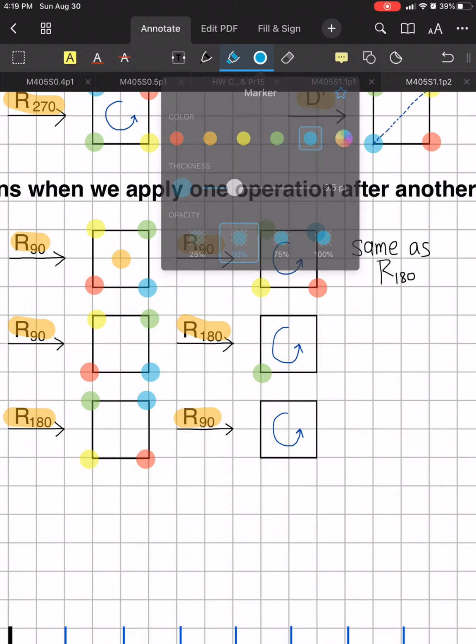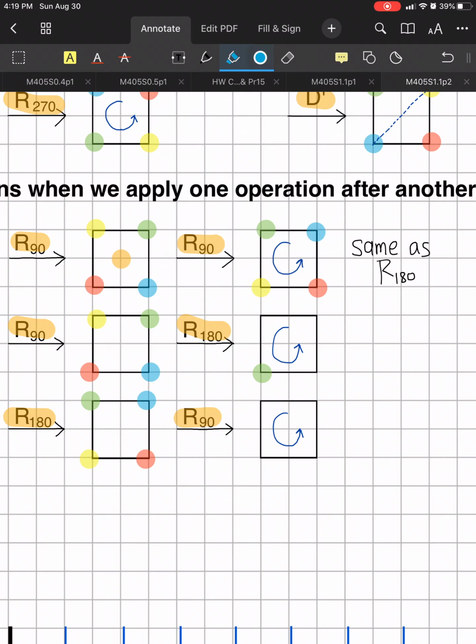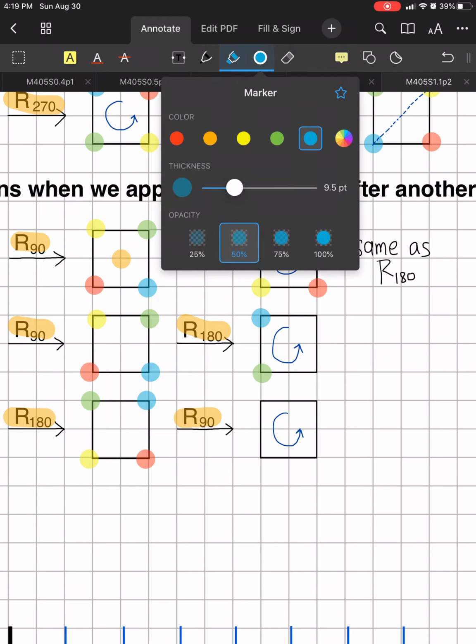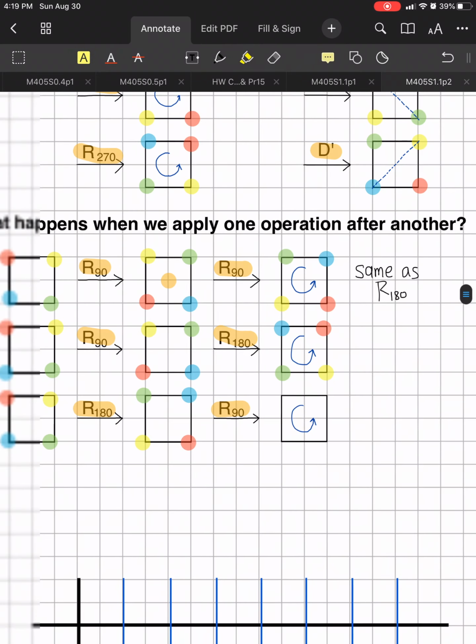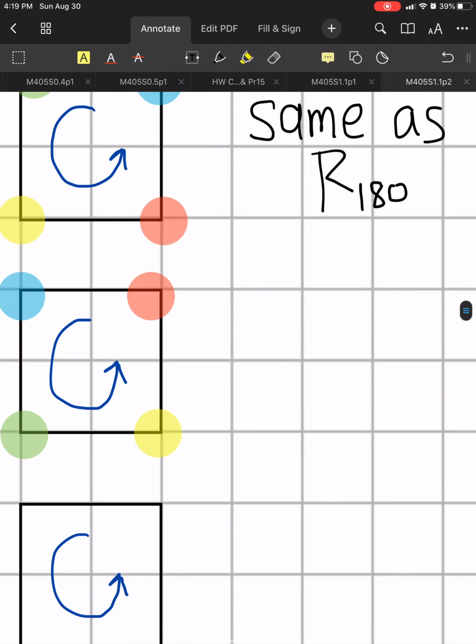We get a blue dot right there, a pink dot right there, and a yellow dot right here. And if you notice, if we look up above, this is the same as a 270 degree rotation. So we can put that in now.